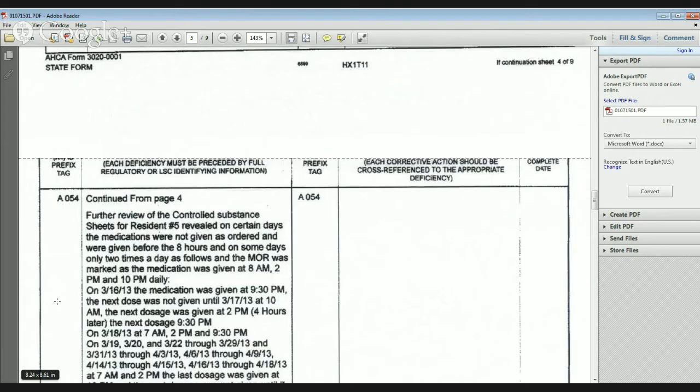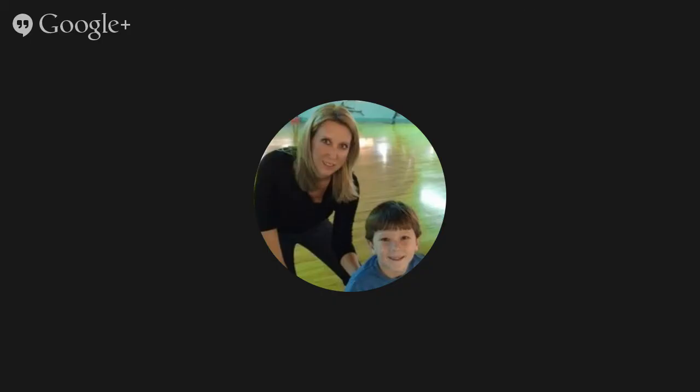Yeah, wouldn't you assume that maybe this was an electronic record, and when they clicked off on that they gave it, it recorded the time? Yeah, that would make sense. A paper record wouldn't be that detailed. No, you're right. Paper records are sometimes a little more archaic.